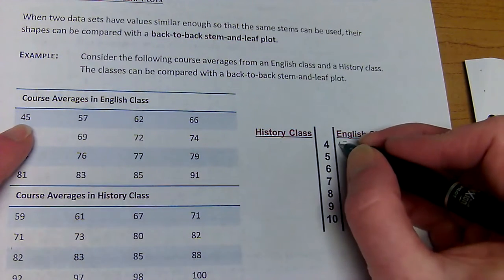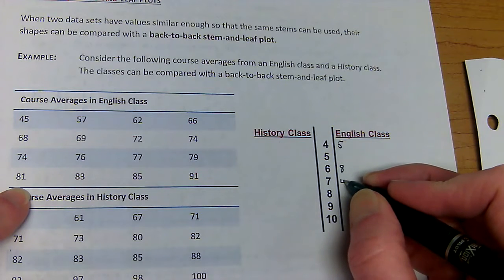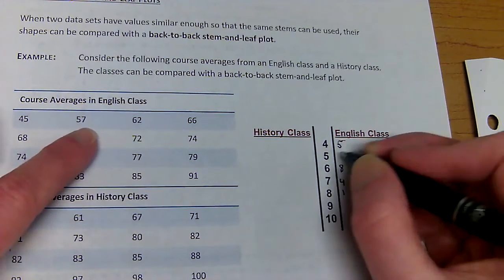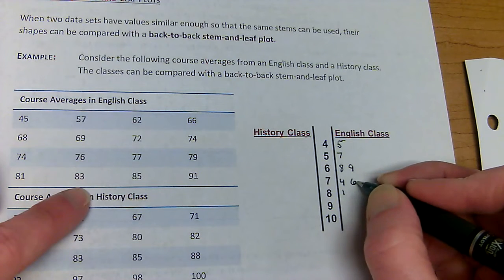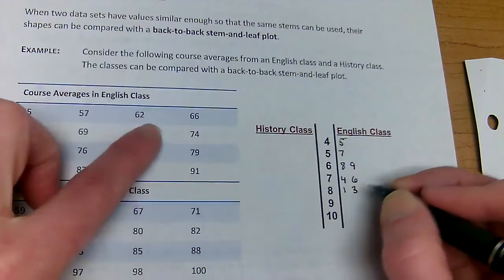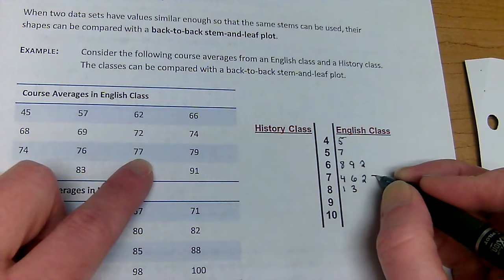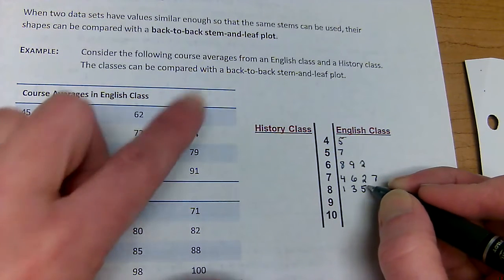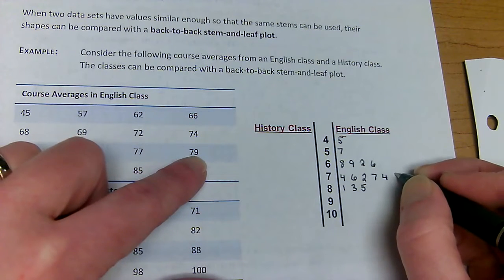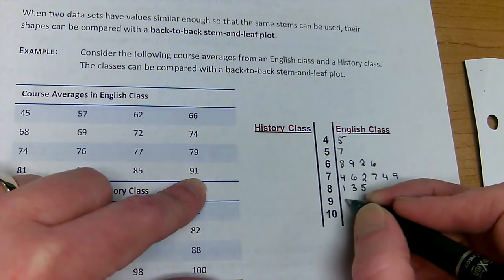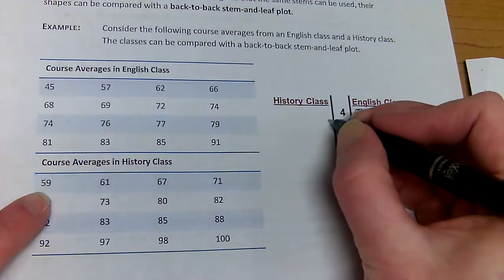So 45, 68, 74, 81, 57, 69, 76, 83, 62, 72, 77, 85, 66, 74, 79, and 91. Do the same thing for the history class. 59.